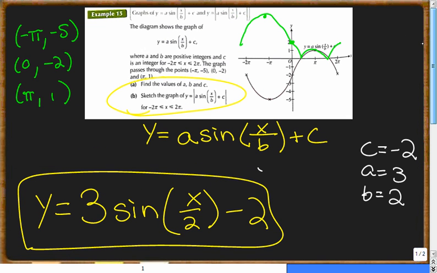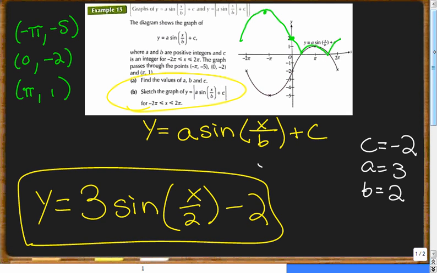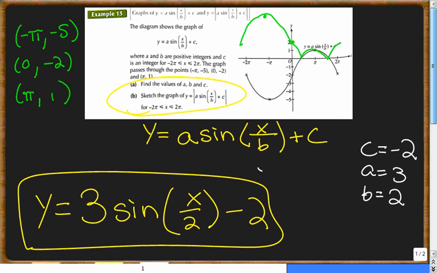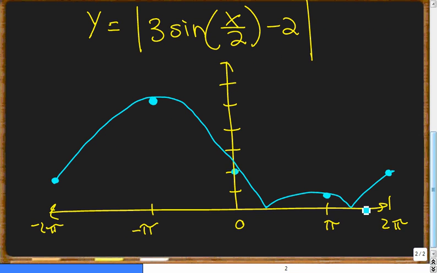So just understand again that the absolute value cannot yield a negative answer. It has to be positive. So you reflect the same image over the x-axis if you know what the original function looks like. Even though it's a little sloppy, you get the idea of what this function is going to look like.